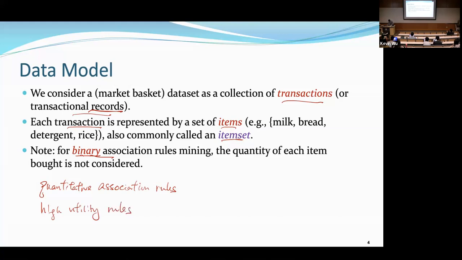These will be briefly mentioned later in this chapter or in the next chapter. For quantitative association, for example, we also consider the amount of the items bought. But we will talk about that later. So there are these other models.